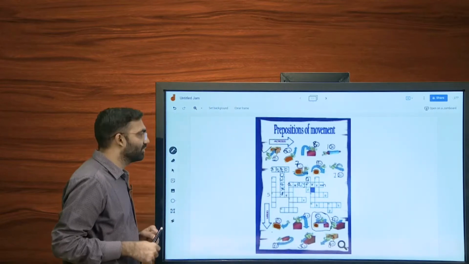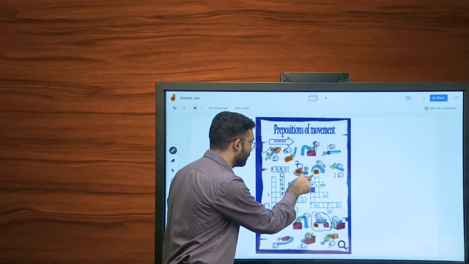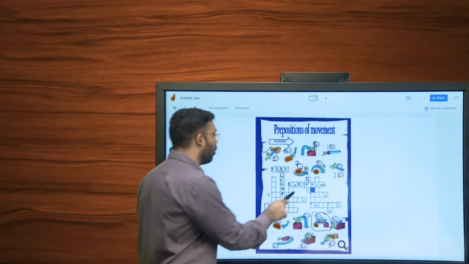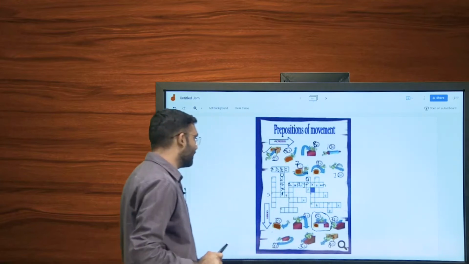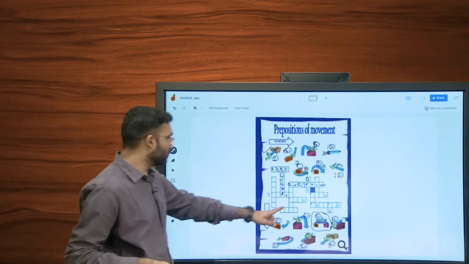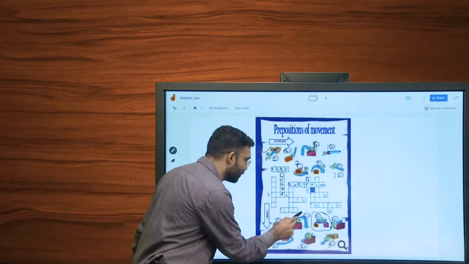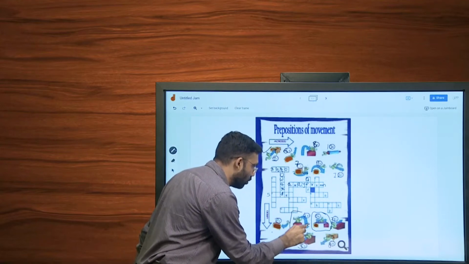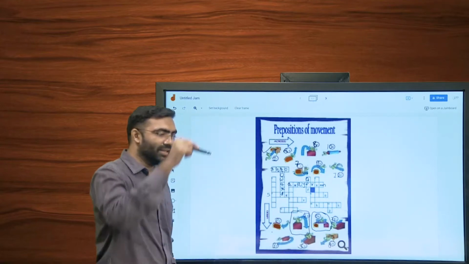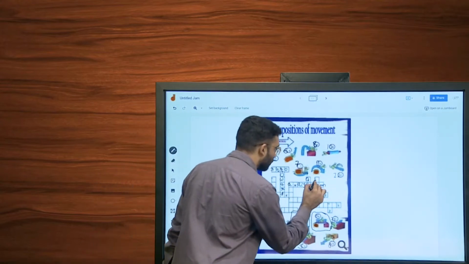Off. But this you are sure about. O is already given to us. So, this down one which we want to do is the fourth one. If you see this one, when something is moving from the top to below, it is called down.